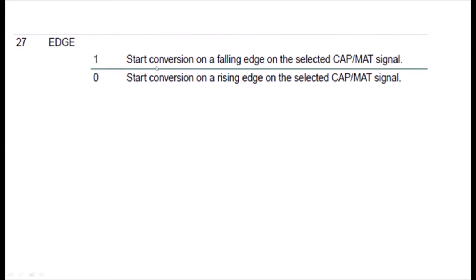If it is 1, start conversion on the falling edge of the selected CAP and MAT signal. That is related to timer capture and match signal operation. If it is 0, then it starts on the rising edge.